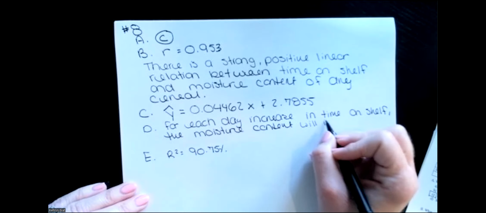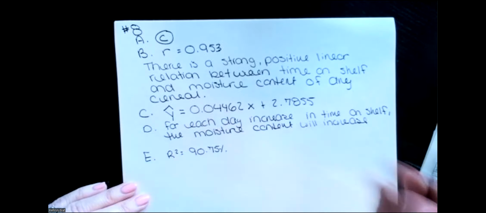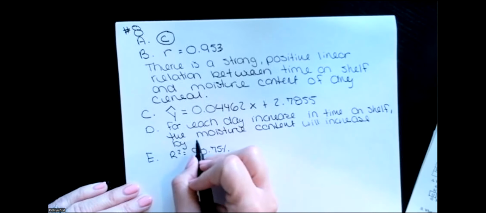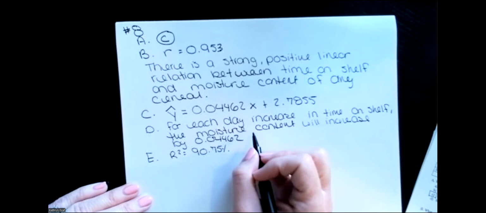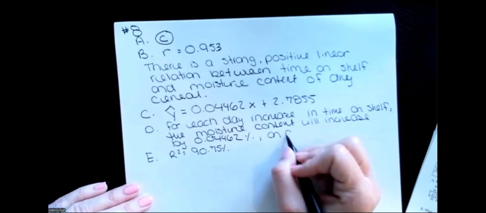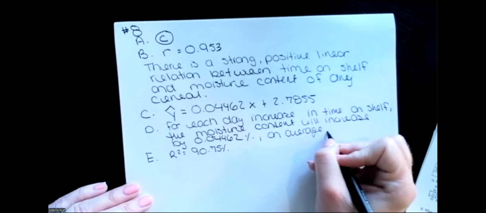Now I'm saying increase because it's a positive value. And I'm going to increase by that value. And it's a percentage. And I always add on average. There. Okay. So that's the interpretation of my slope.